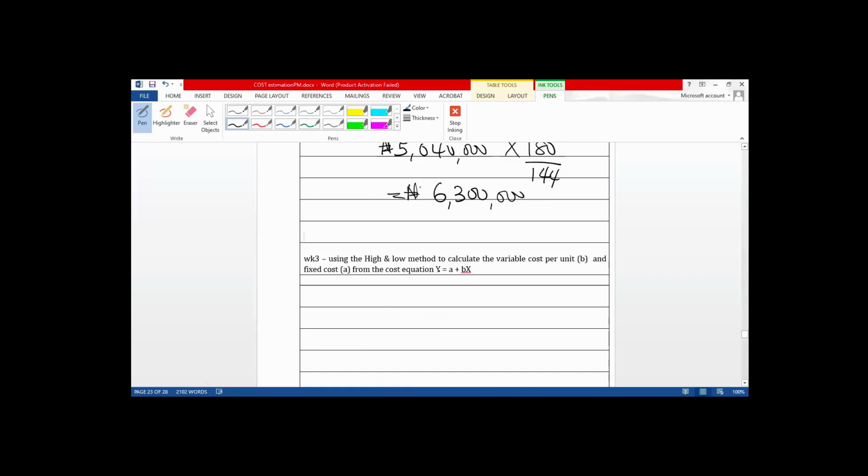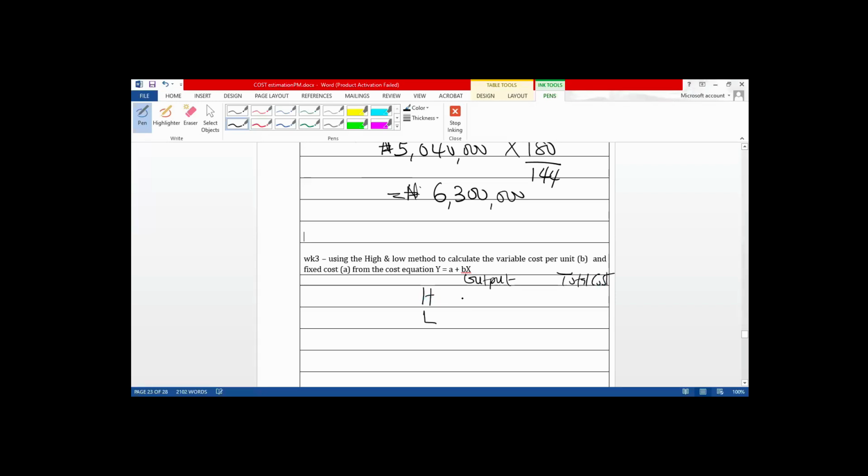Using the high and low method, calculate the variable cost per unit, B, and fixed cost, A, from the equation y is equal to A plus BX. You now do the high and low method. We have the output here and the total cost here.